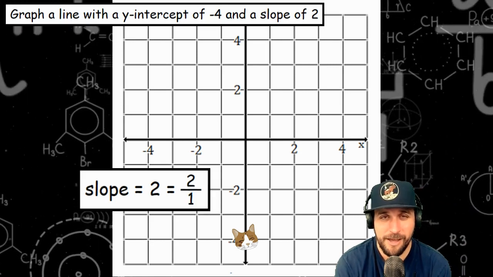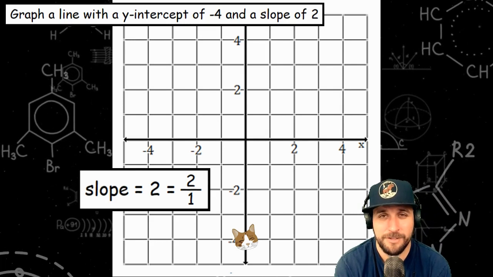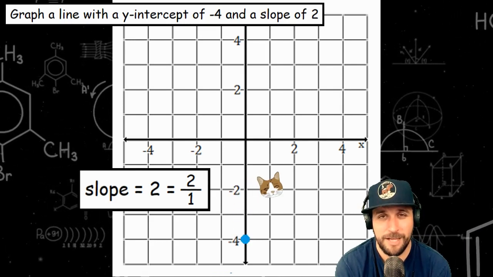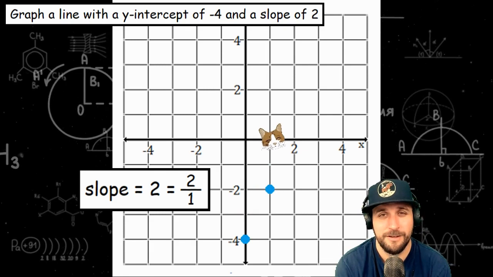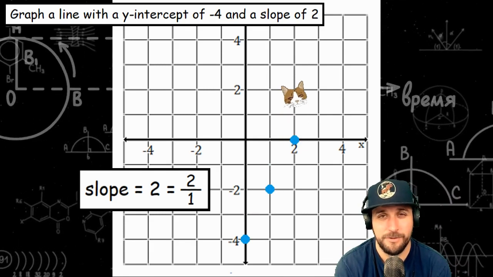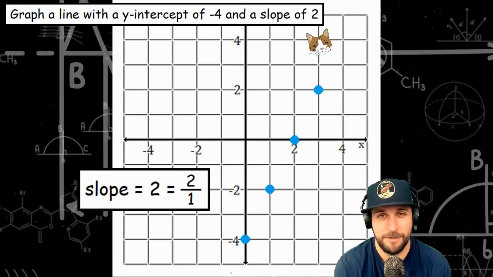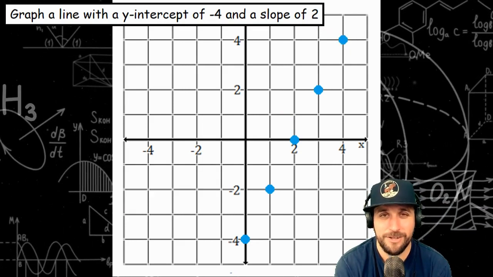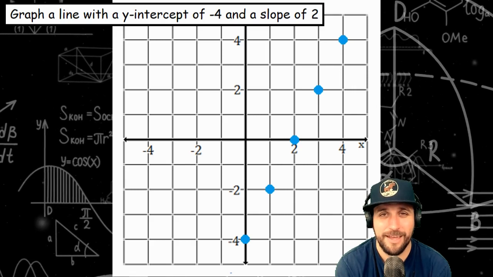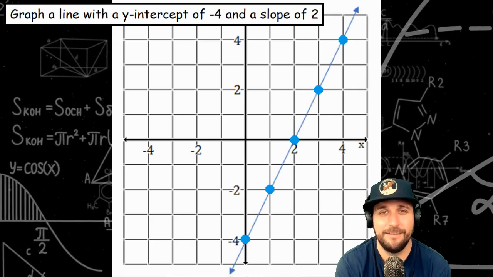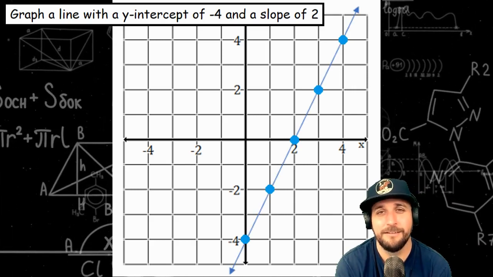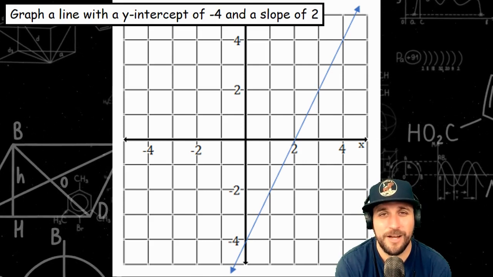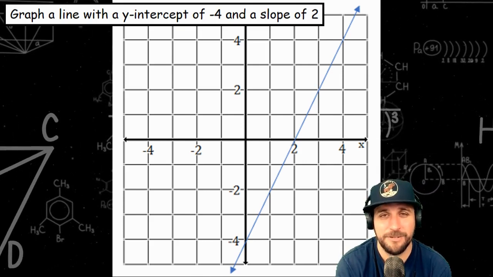To find all my other points on the line, I could go up 2, forward 1, plot a point, up 2, forward 1, up 2, forward 1, up 2, forward 1. Now I can plot all my points, connect them with a nice line, arrows at the end, and that is my line that starts at -4 on the y-axis and has a slope of +2.